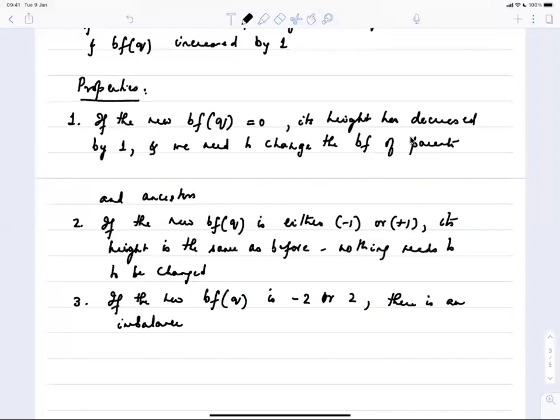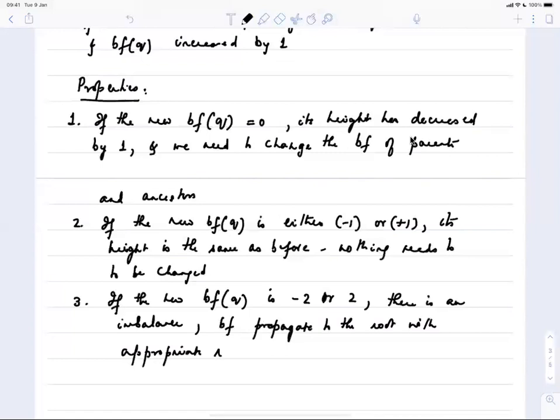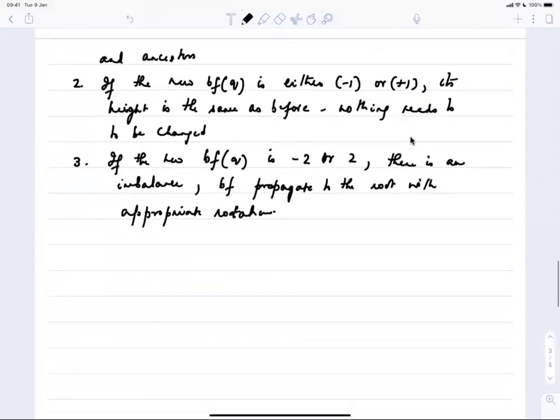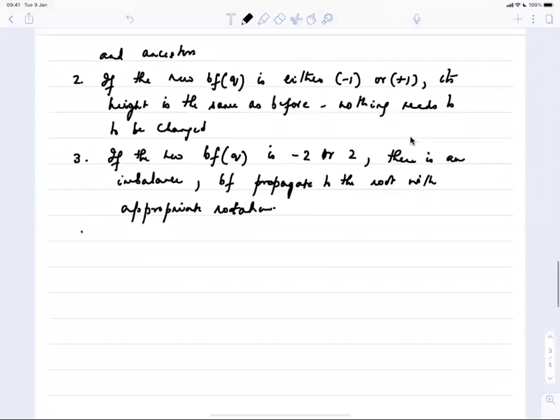So, balance factors propagate to the root with appropriate rotations. So let's look. So we characterize the imbalance.